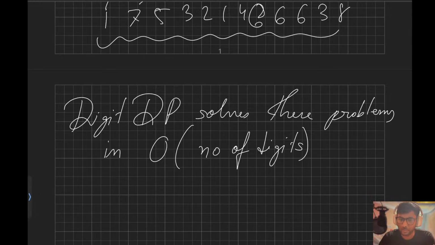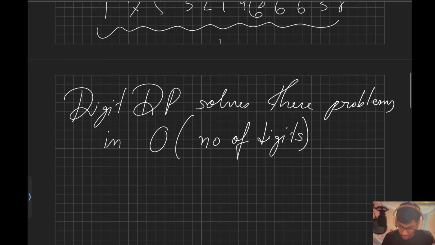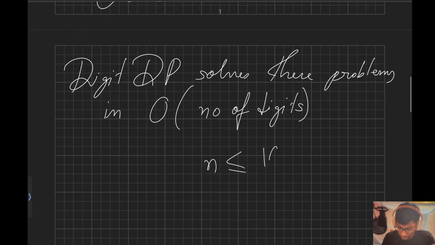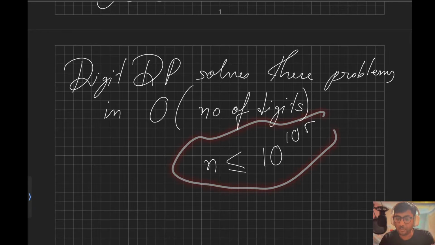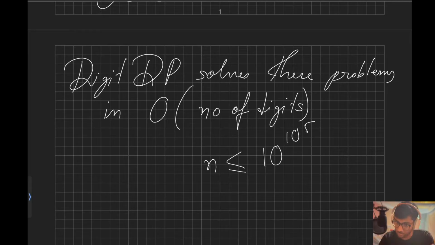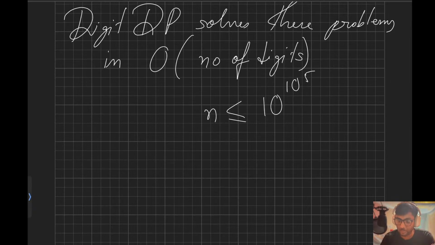If it is the number of digits, now I can go up to the number of digits being 10 to the power 5. Up to this we can possibly solve these kinds of problems. Of course there are small restrictions, but this is the power of using digit dynamic programming. Any value around 10 to the power 8 or 10 to the power 9 or 10 to the power 12 cannot be solved in order n.